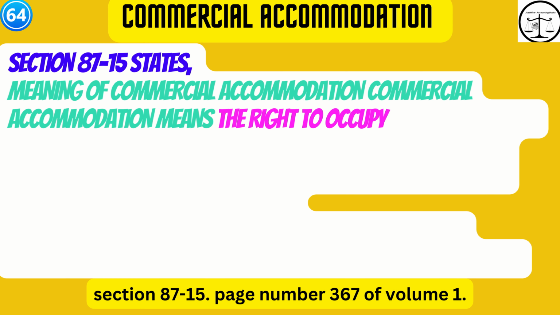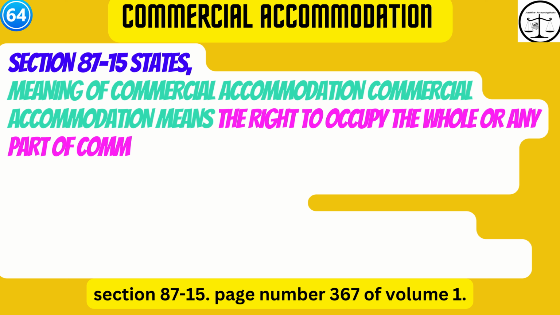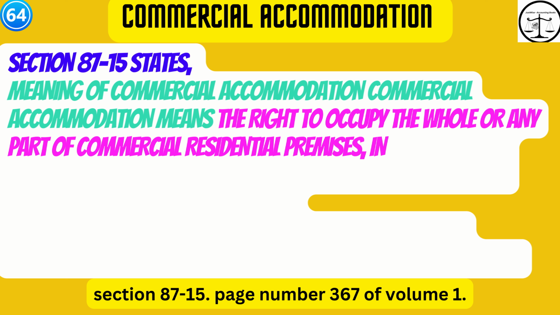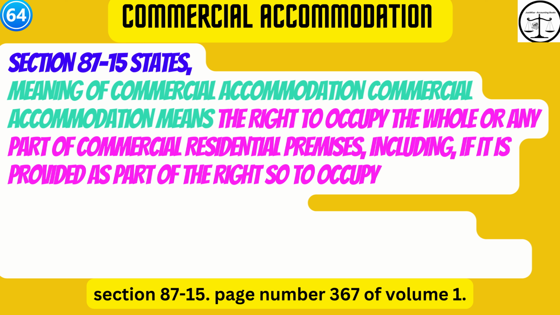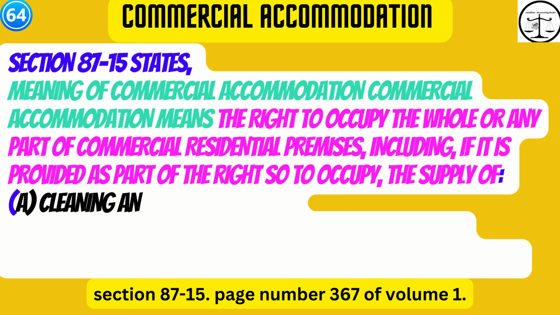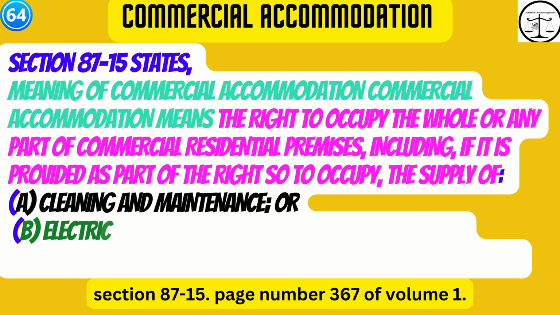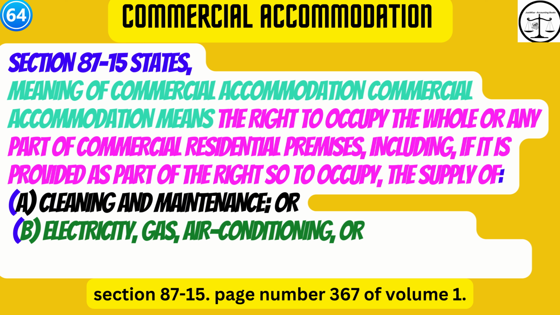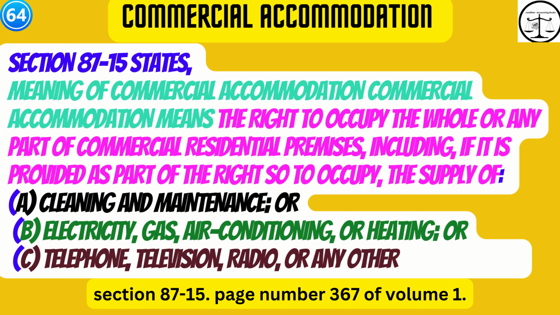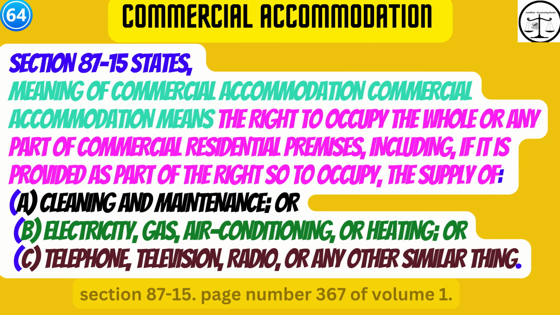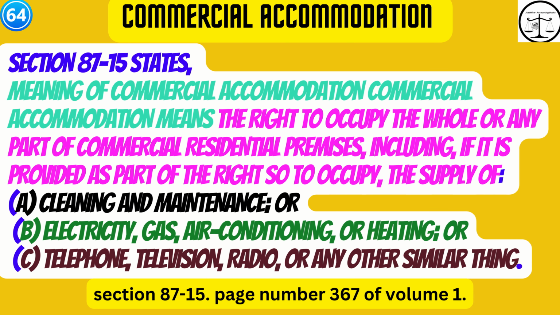Commercial accommodation means the right to occupy the whole or any part of commercial residential premises, including, if it is provided as part of the right so to occupy, the supply of A. Cleaning and maintenance, or B. Electricity, gas, air conditioning, or heating, or C. Telephone, television, radio, or any other similar thing.